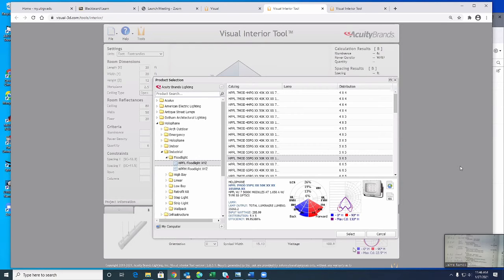Blue says 0 degrees H, and red says 90 degree H. Total luminary lumens, 35,000. Input wattage, 285 watts.